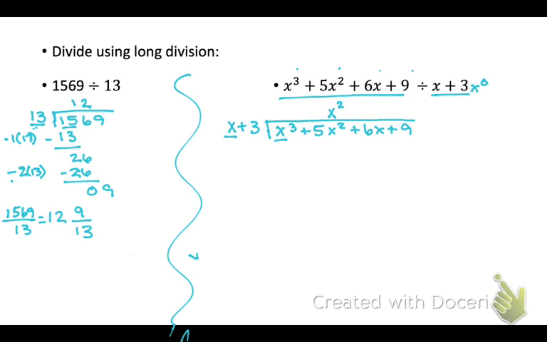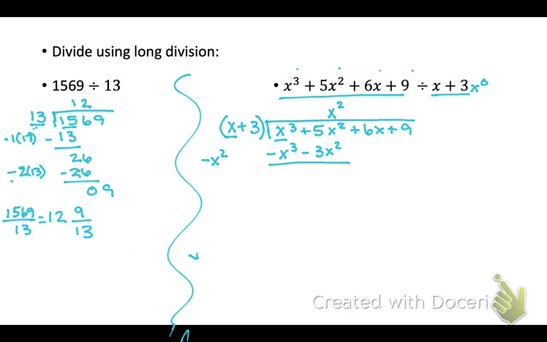Does that make sense? Okay, so now we're going to multiply by negative x squared through this quantity. So distribute it. I get negative x cubed and minus 3x squared.